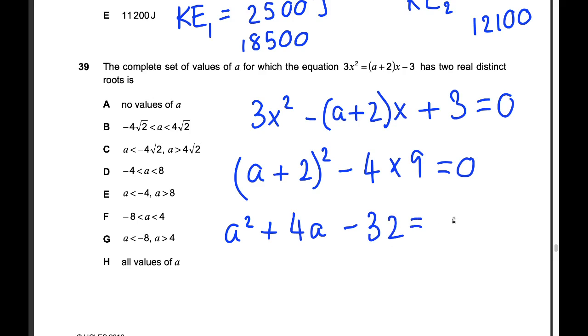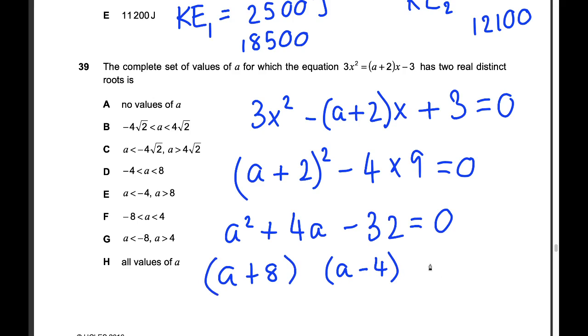So if I want to factorize this, I'm looking for 2 numbers that add to make 4 and multiply to make minus 32. So that's going to be a plus 8, a minus 4. What is going on here? A minus 4.